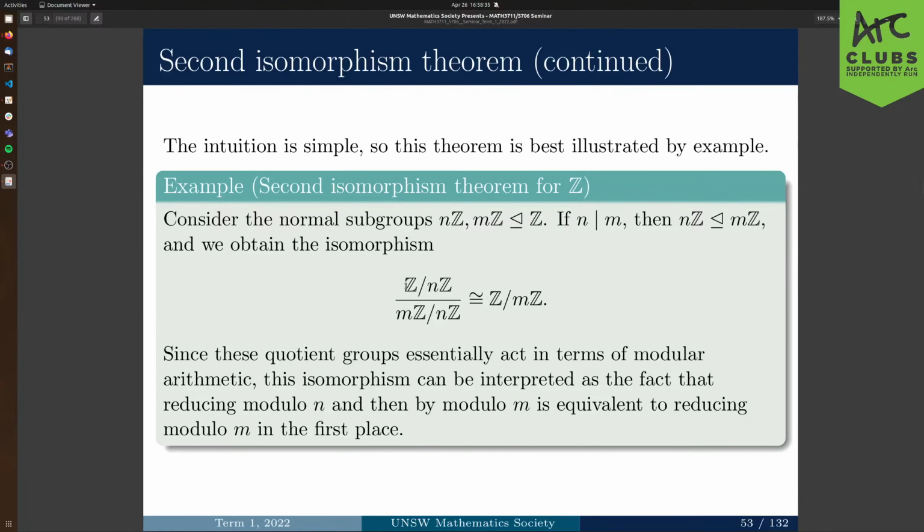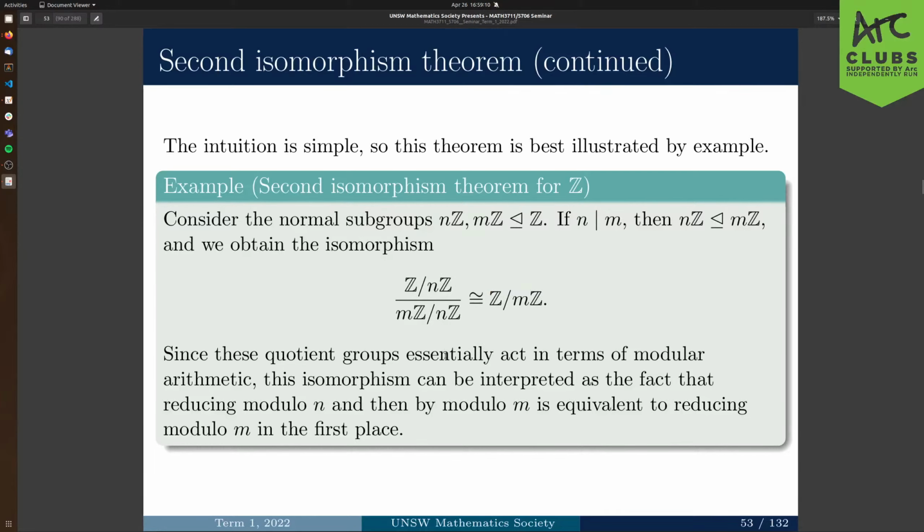So if we look at what this says about integers, then basically these are all just remainder classes. So these are remainders, I guess this one here is going to be the remainders by N, this one is the remainder by M, this one here is the remainder by N, but only amongst things that are multiples of M. And what I'm essentially saying by the second isomorphism theorem is that if I reduce modulo N first, and then I reduce modulo M, which I guess is this bit here, then I may as well have just reduced modulo M in the first place, right?